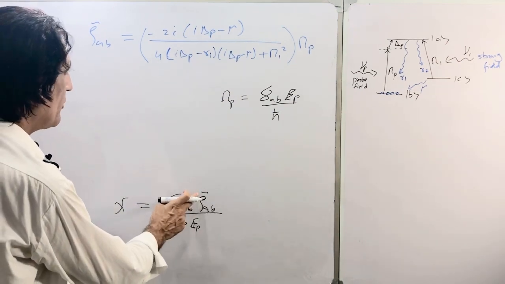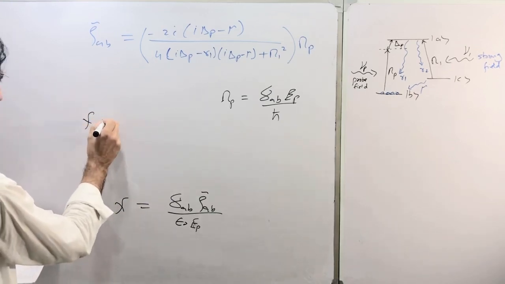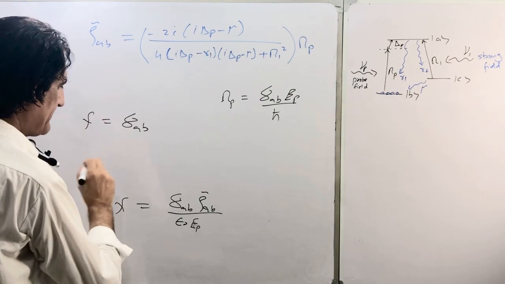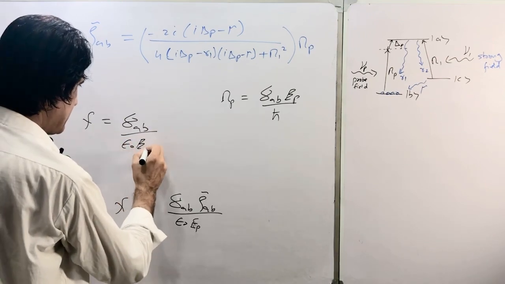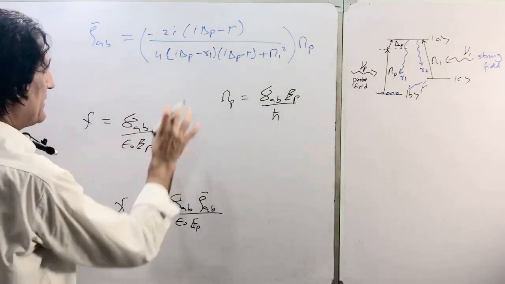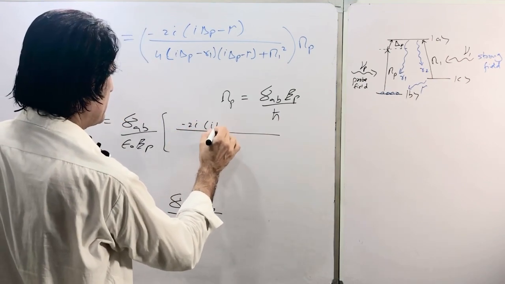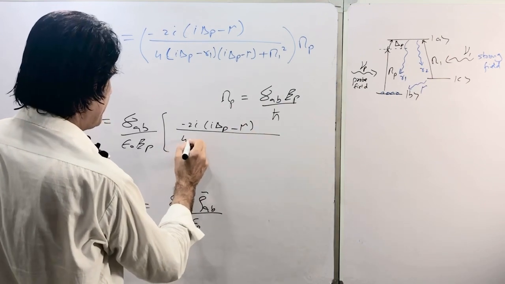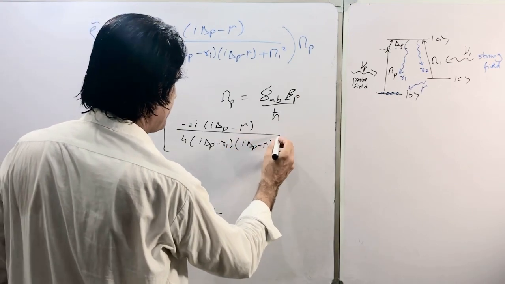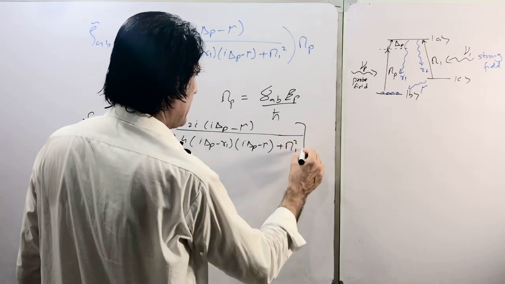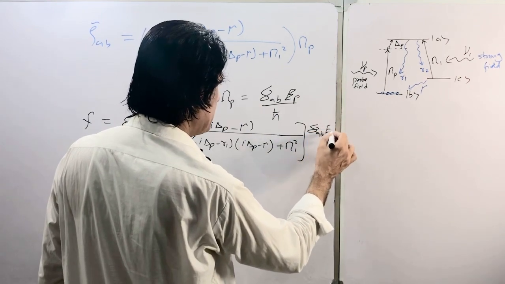Putting the value of rho AB in this equation, chi will be equal to PAB divided by epsilon naught and EP, and rho AB I have: minus 2 iota delta P minus gamma, 4 iota delta P minus gamma, 1 iota delta P minus gamma plus omega 1 square, and also omega p I can consider as PAB, the dipole matrix element, EP divided by H cut.